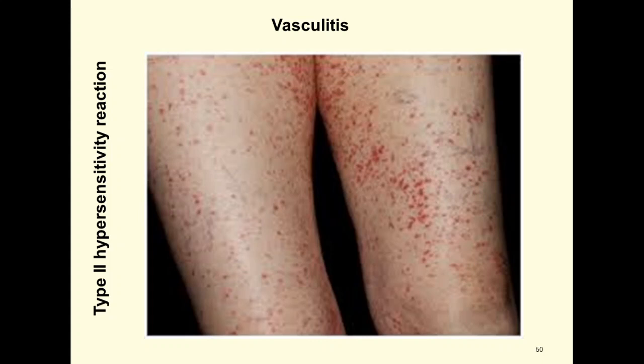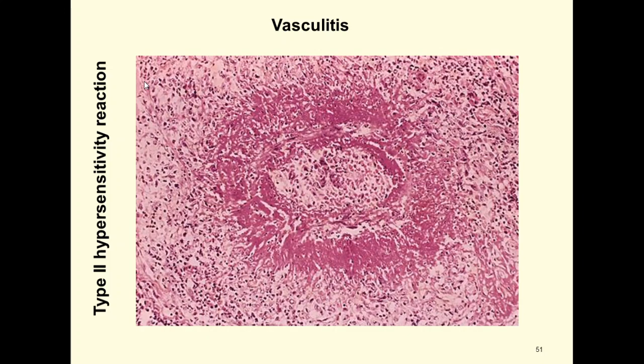But classically, systemic vasculitis is the third type of hypersensitivity. Microscopically, this is fibrinoid necrosis of the vessels where we have inflammation. In the surrounding tissue, we have a lot of neutrophils and, as you see, cells with more eosinophilic, more pinkish cytoplasm. So these are eosinophils.